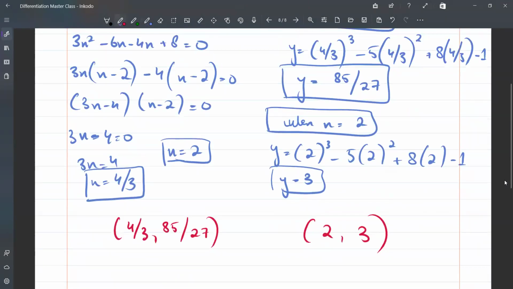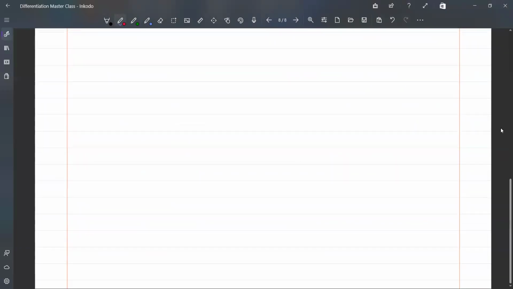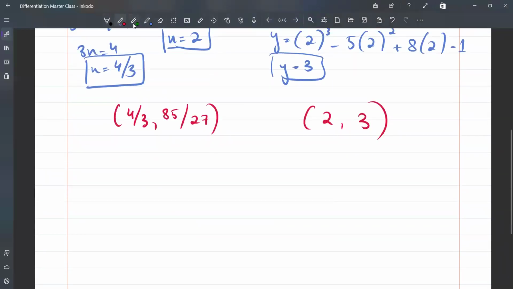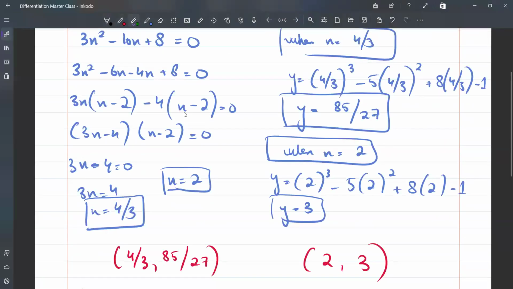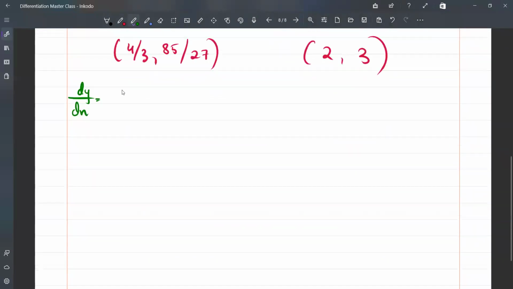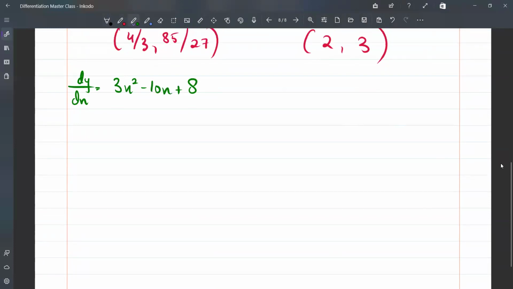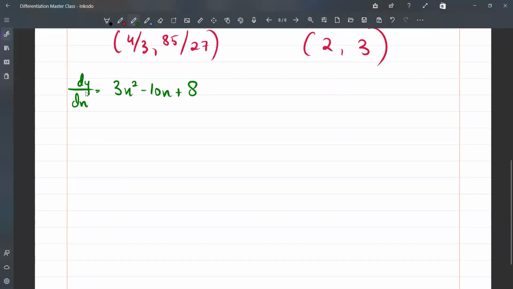All right. So notice that dy over dx is 3x square minus 10x plus 8. Now we have to double differentiate it.